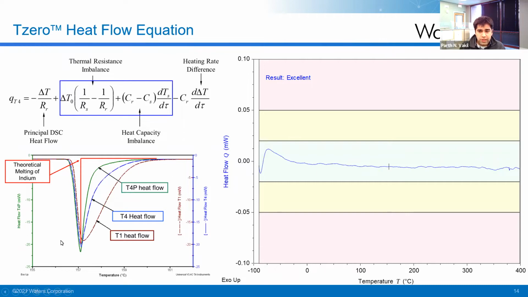So this graph that I'm pointing at right now is basically what happens when you look at the endotherm of the melting of indium metal, which is typically used as a calibration material for DSC systems. And what you see is that when you go into the T0 technology, which is the T4 technology, and when you include that pan correction factor, the peak for indium is getting narrower and sharper, as we would expect for the melt of a metal.